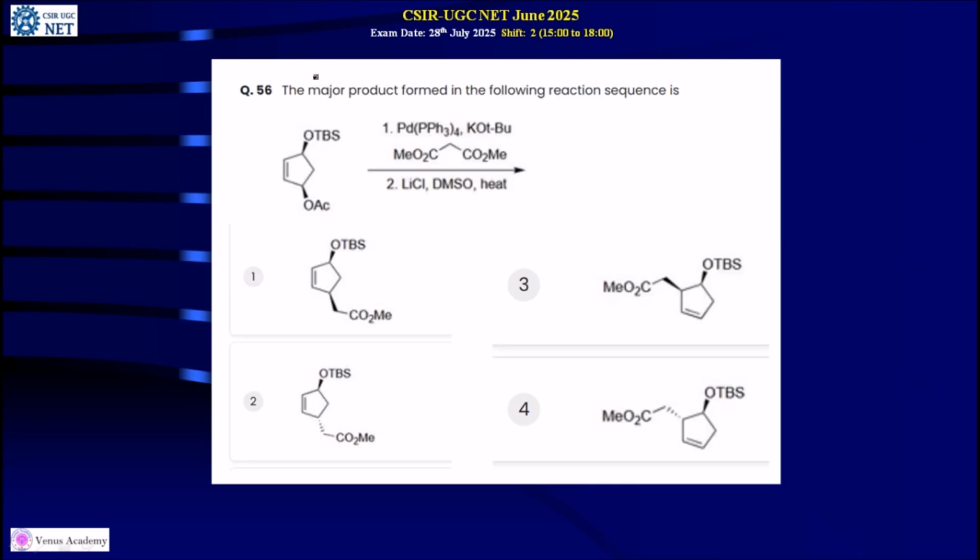Next, question number 56. The major product formed in the following reaction sequence is, yes, using tetrakis triphenyl phosphine palladium, potassium tert-butoxide as a base, and dimethyl malonate. So what is going to happen? Yes, it is going to form the base here, so this acetate group is going to be replaced with this here.